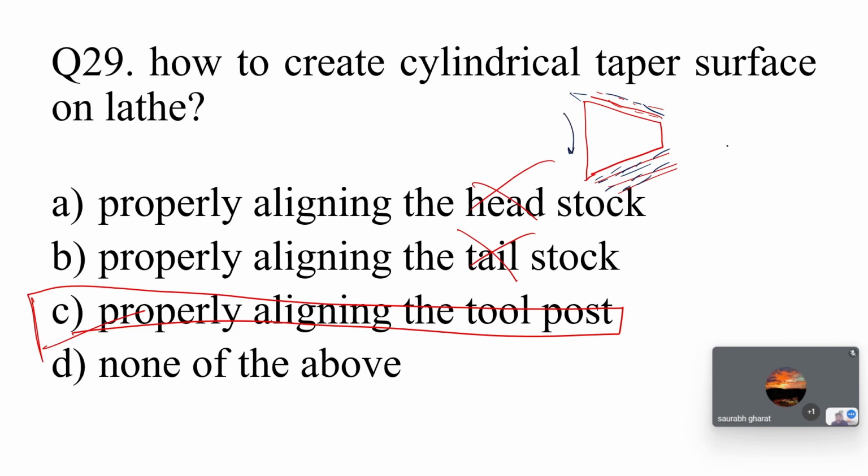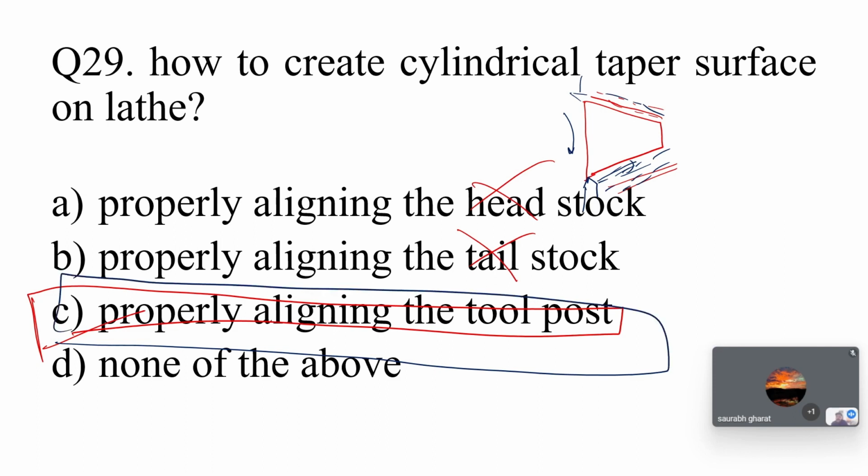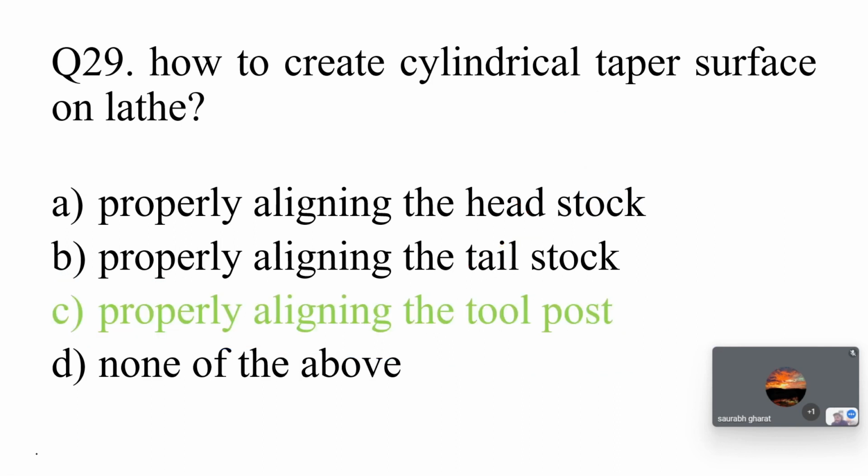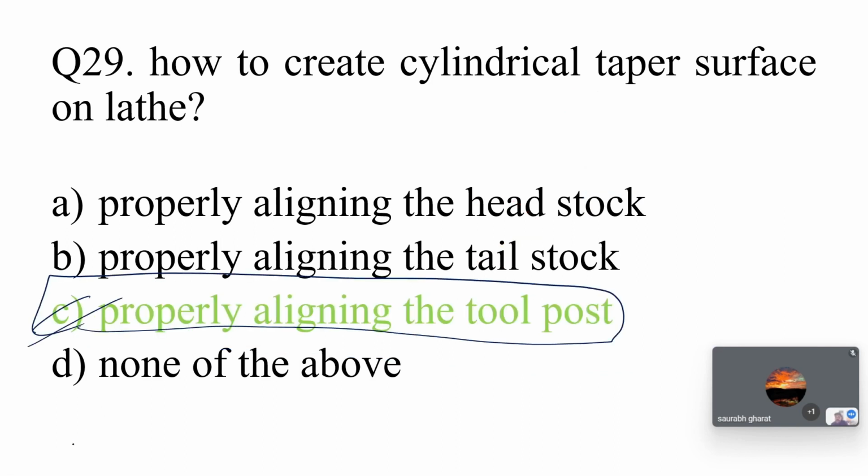You have to properly align your tool post in such a way that the tool will properly go through this side and cut the taper part. So properly aligning the tool post, this will be the correct answer.